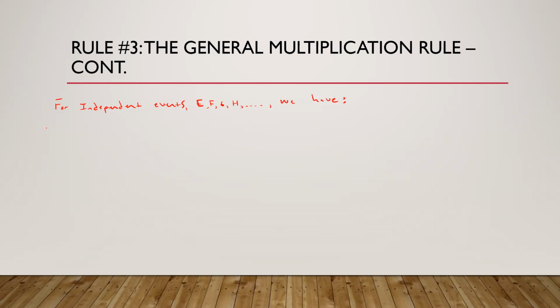If I ask you to find the probability of event E and event F and event G and H, and it doesn't matter how many, as long as they are independent, when you see the and statement, what does it imply?